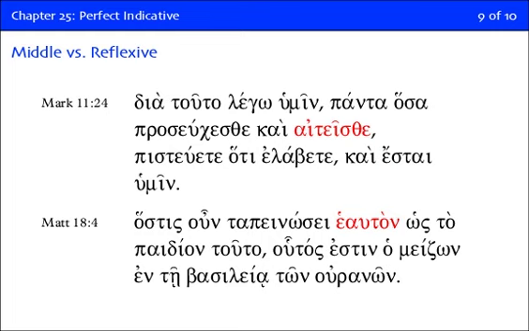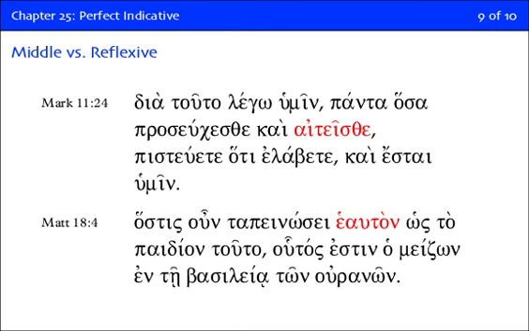Okay, what's that from? Aiteisthe. It's from aiteo. Is aiteo deponent? No. What tense is this? It's present, isn't it? You have a present tense form with middle passive endings.